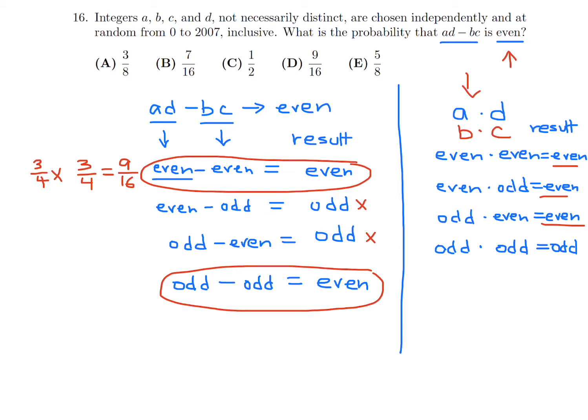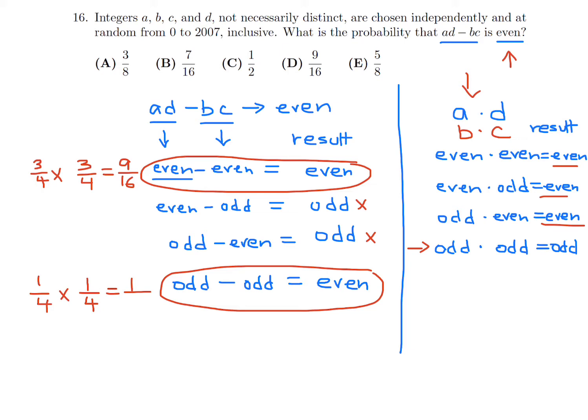Okay? Now I turn my attention to this guy. If it's odd for AD, right? How do I get odd for AD? Well, it's this scenario here. AD will be odd if A is odd and D is odd, and that happens 1 out of 4 times. And again, now I want odd for BC. Well, BC will be odd, exactly the same probability, 1 out of 4.